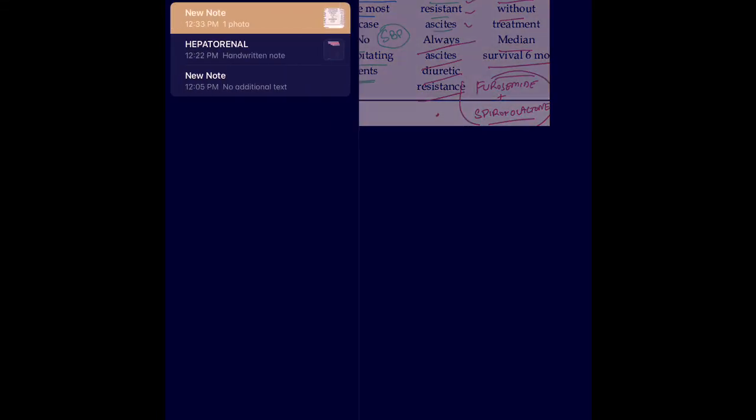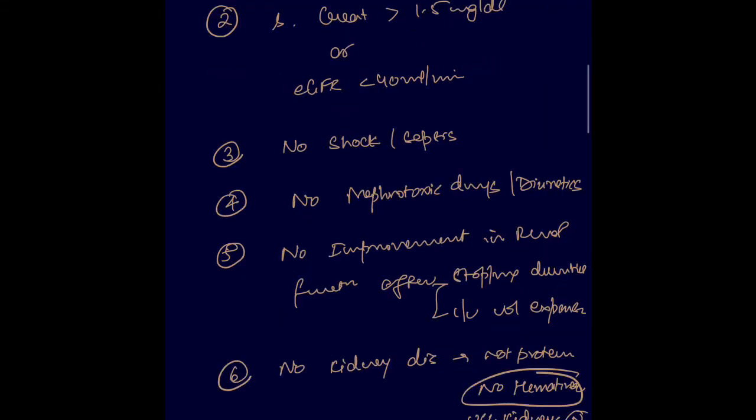Okay, coming on to the management, how do we manage HRS? For management of HRS, first of all we'll look at the medical management.